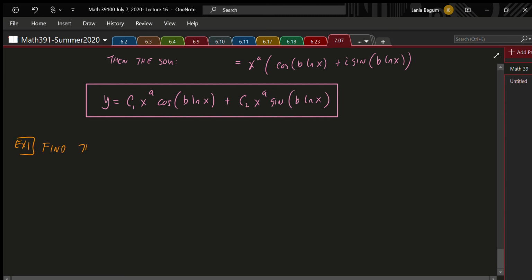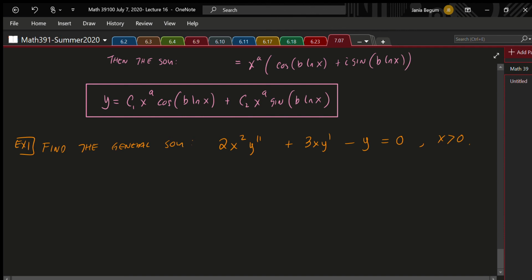Suppose you have 2x squared y double prime plus 3x y prime minus y equals 0. Assume x is greater than 0.